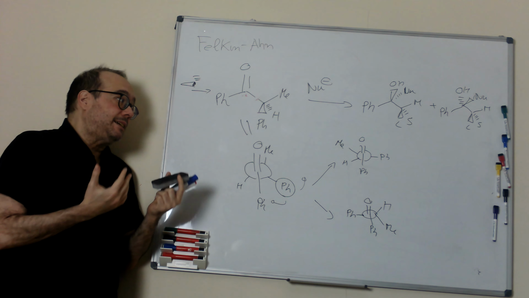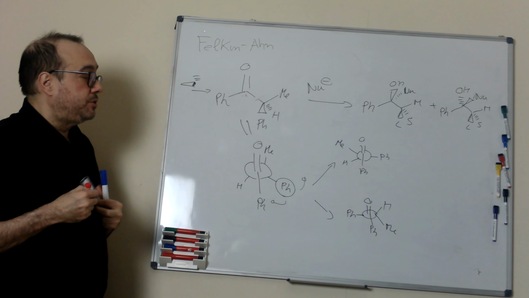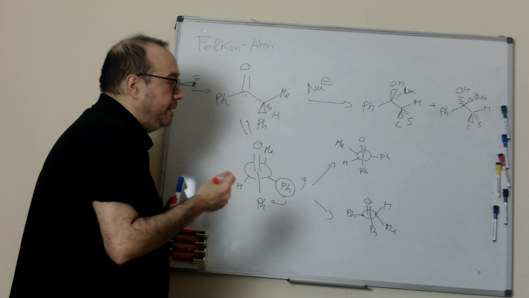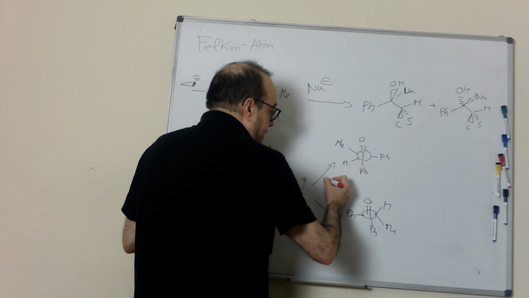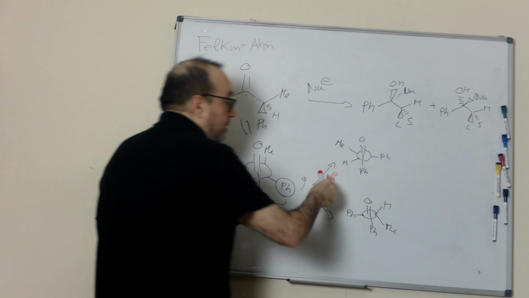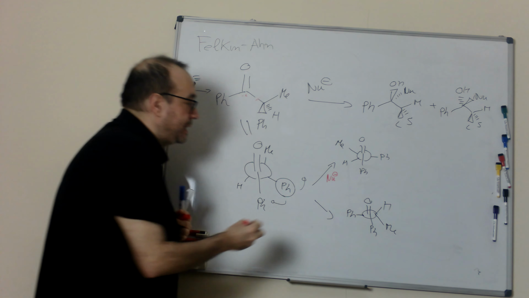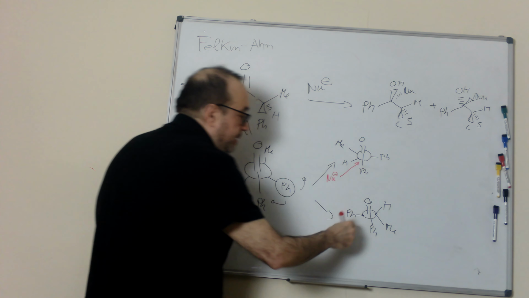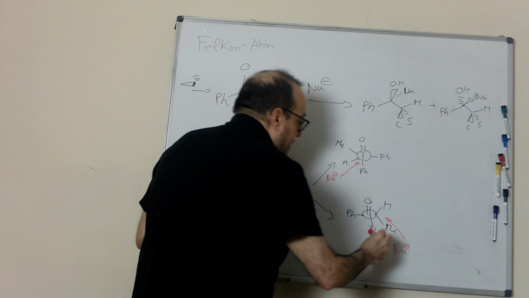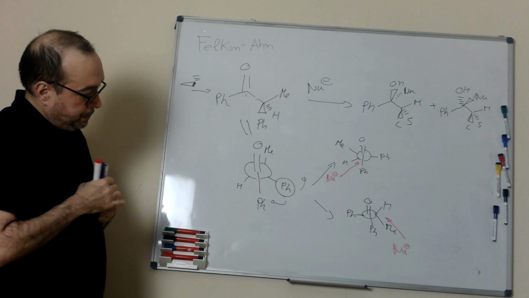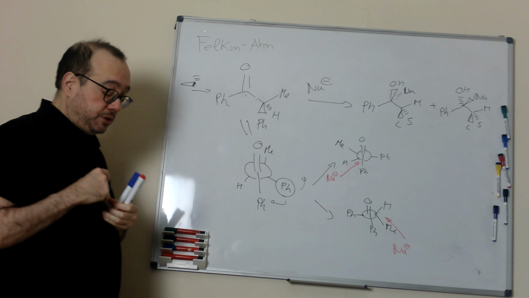Then what is happening? The nucleophile attacks the carbonyl group following the Bürgi-Dunitz trajectory. Remember that the Bürgi-Dunitz trajectory is around 107 degrees. That means that the nucleophile will attack opposite to the side where the large group is, following this trajectory. In this case, the nucleophile will attack following this other trajectory. Then we analyze both trajectories.